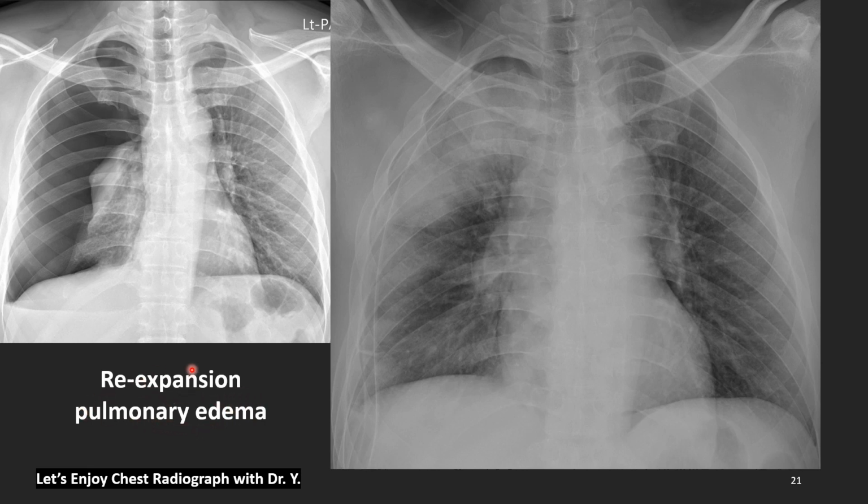After expansion, a kind of permeability edema has developed. It is sometimes fatal, and we should be careful about this. This usually happens when the re-expansion is so fast, so rapid. So we should take time to improve the pneumothorax.